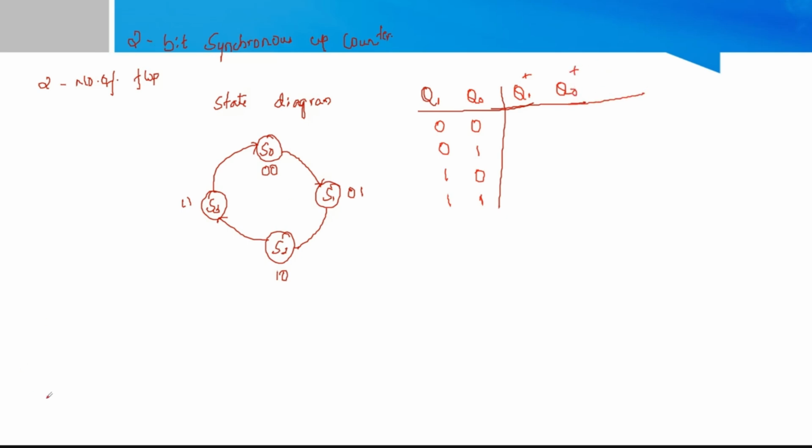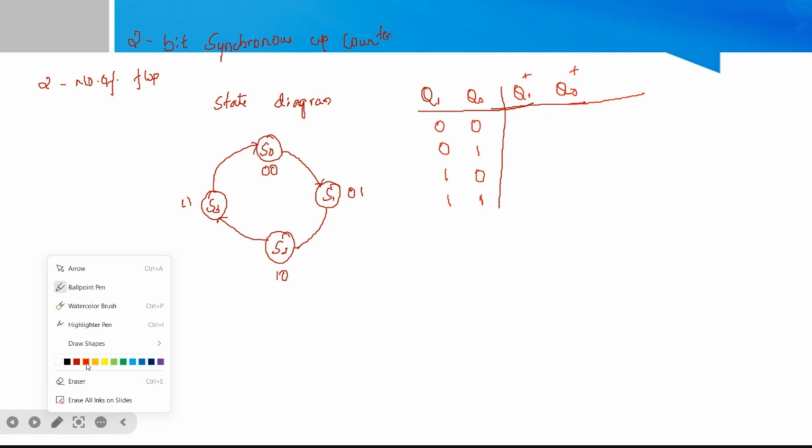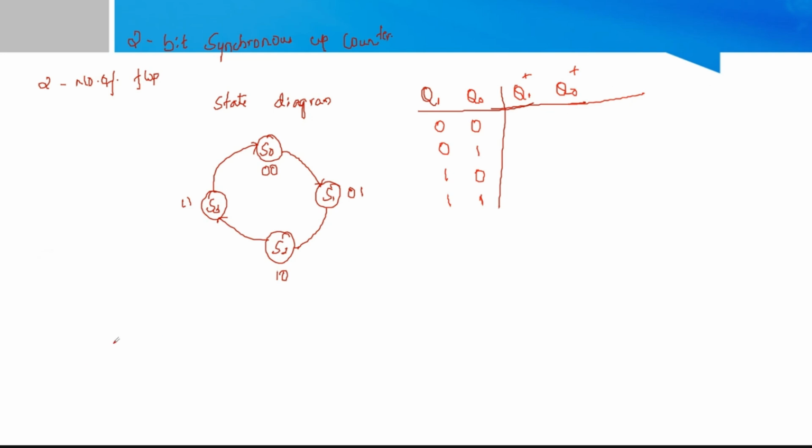With respect to that, you need to get D1 and D0. This will be the present state and this is the next state.